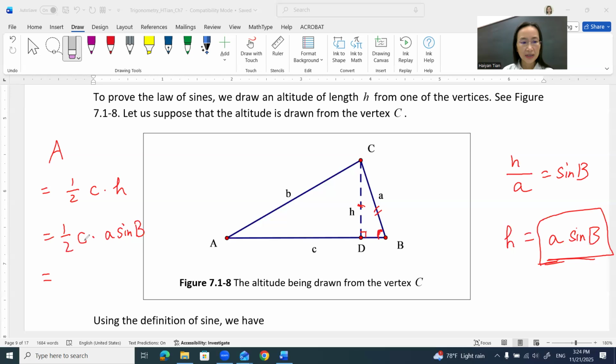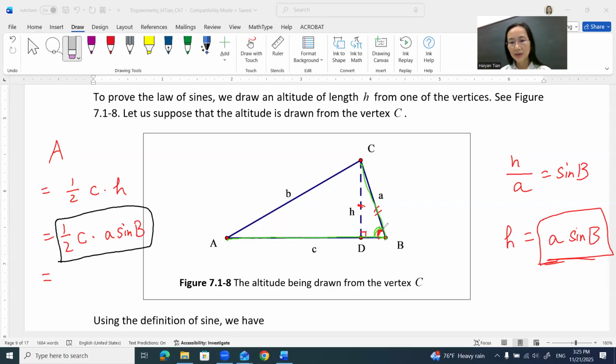Then what we found is another formula, which is half the product of a and c times sine B. And look at what a is. a is here. What is c? c is the other side length of this triangle.